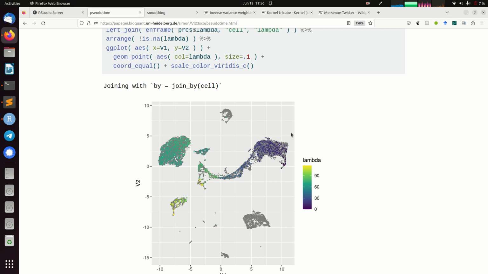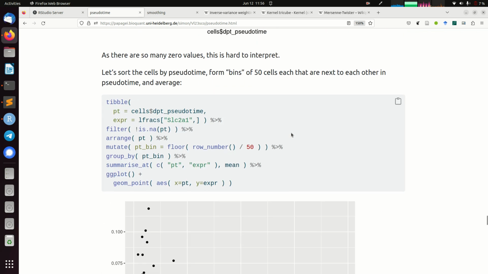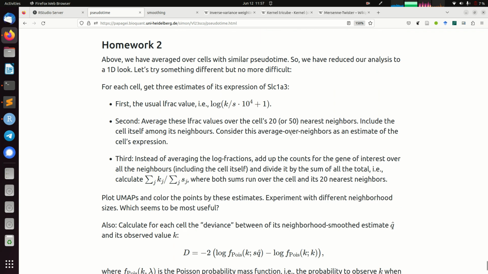So an alternative is, as we've just mentioned, to use nearest neighbor smoothing. For each cell, take its 20 nearest neighbors, which we probably still find in our old data from last time, and calculate the average of these 20 nearest neighbors. You can calculate the average either by simply doing this k over s, or by using a smoothing kernel, multiplying with this here instead.